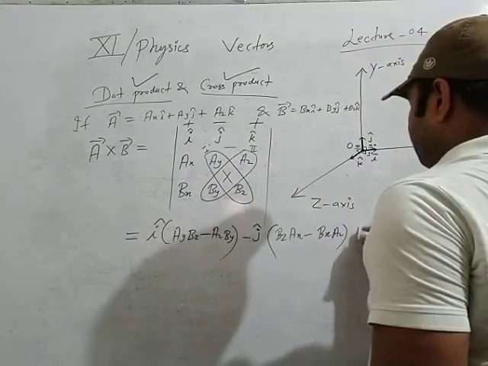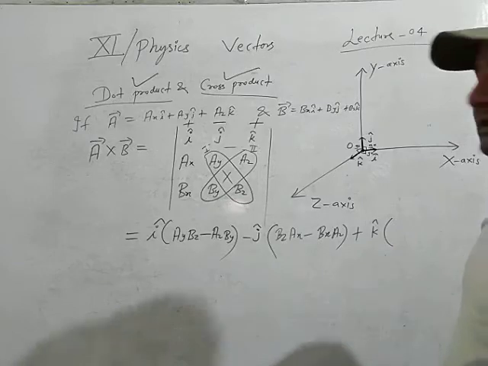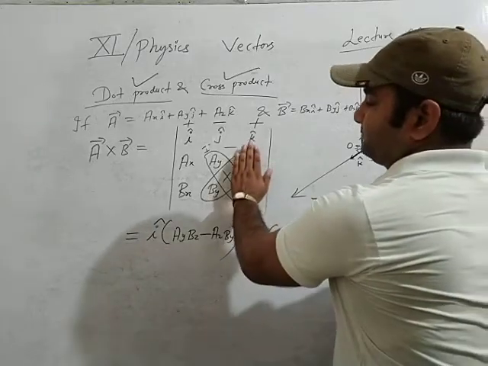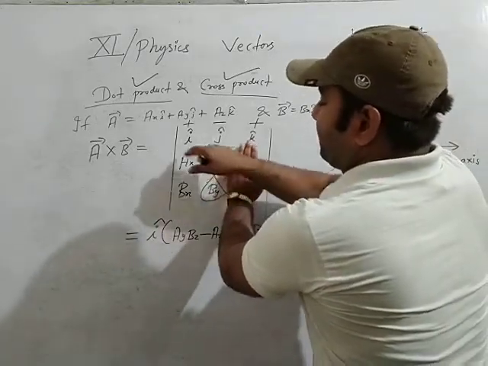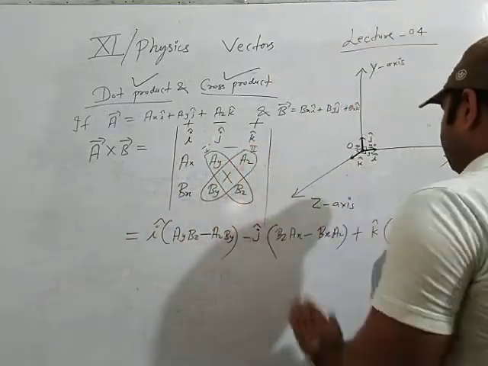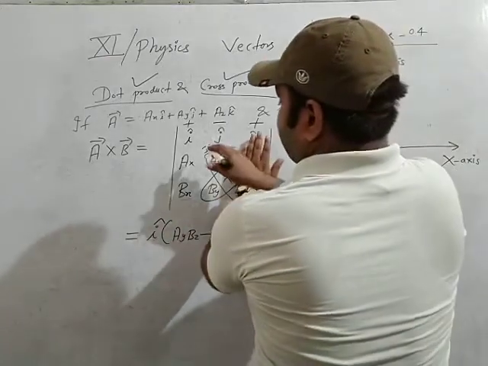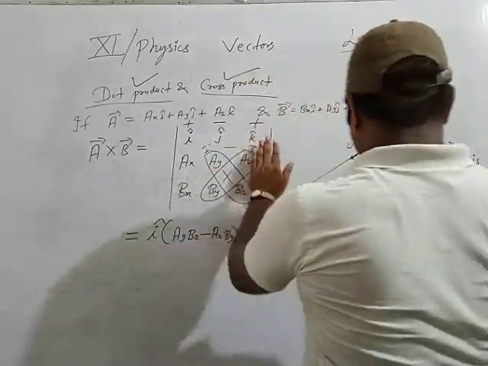And then last one k, closing this one, then By Ax according to the right hand, By Ax, and then minus sign Bx Ay.